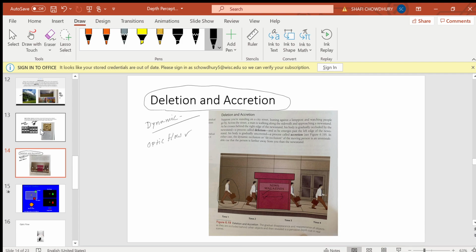Then another is the motion parallax. We also talked about that. Motion parallax is another cue that your visual system uses when you move, like when you are driving a car. You see the lampposts or the trees near you move pretty fast in the opposite direction.